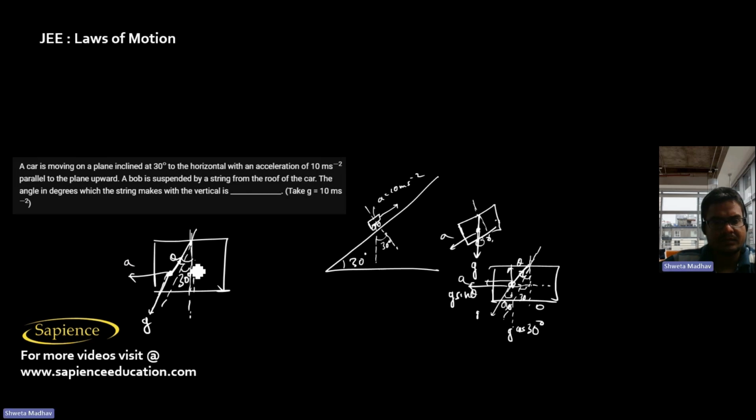So this is theta plus 30. So this is angle 30. This is G cos 30. This is G sin 30. And we can say this will be actually T cos theta plus 30 degree, and this will be T sin theta plus 30 degree.